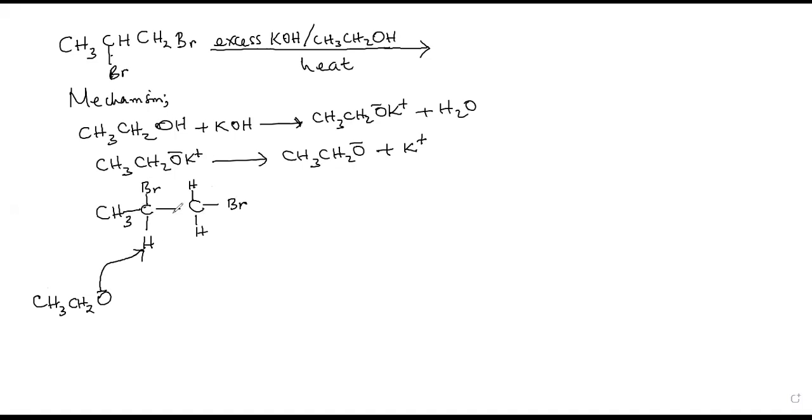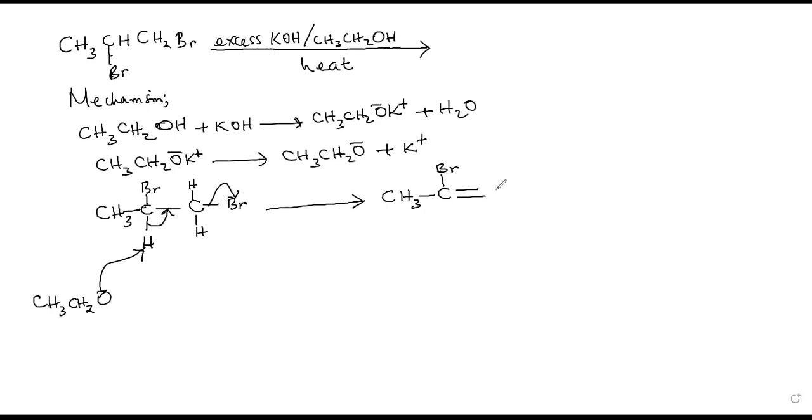It's going to come here as you create a double bond here, yeah, as this bromine first goes. So this one will lead to the formation of CH3, C with a bromine.